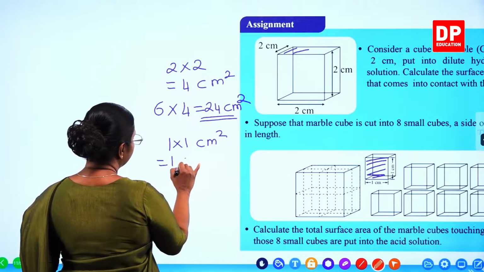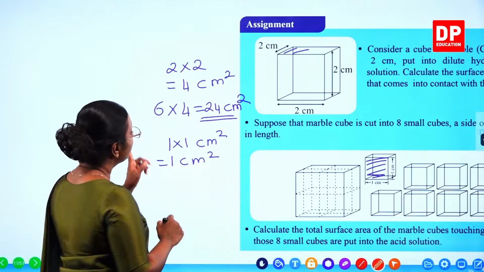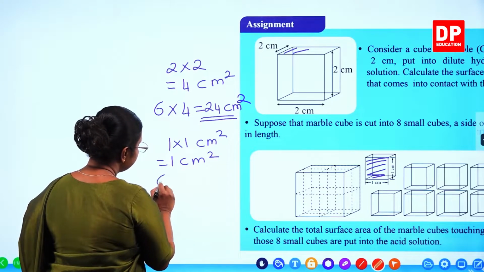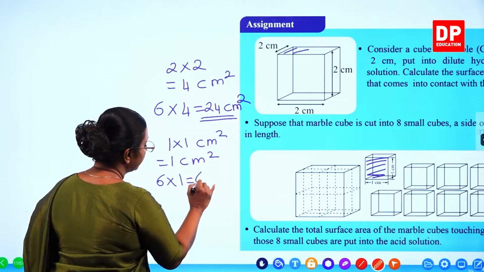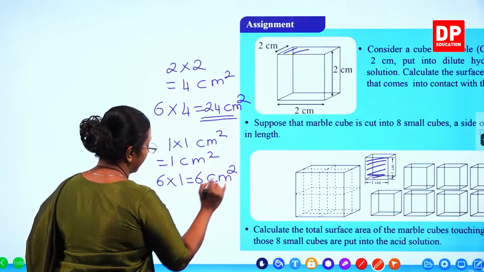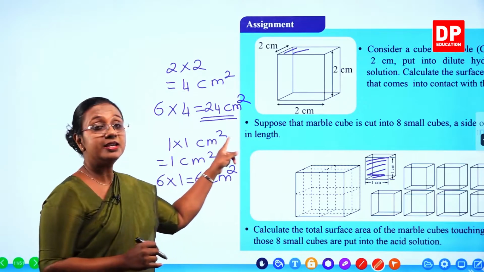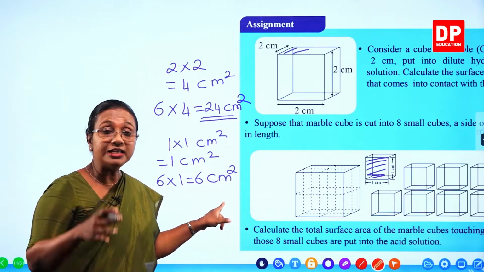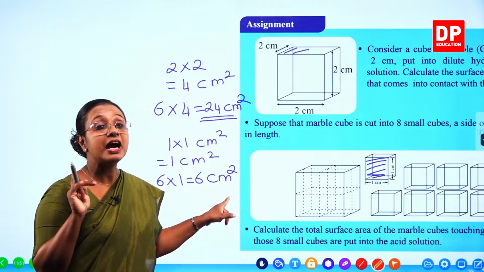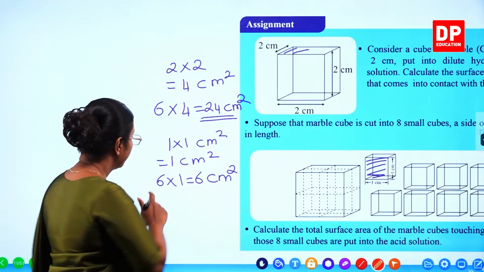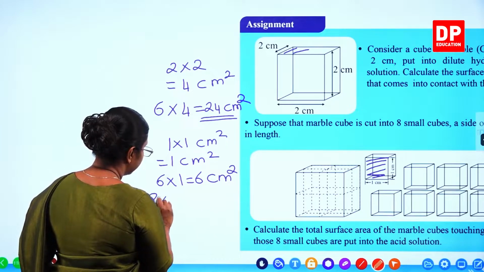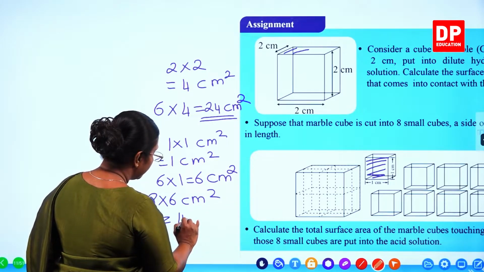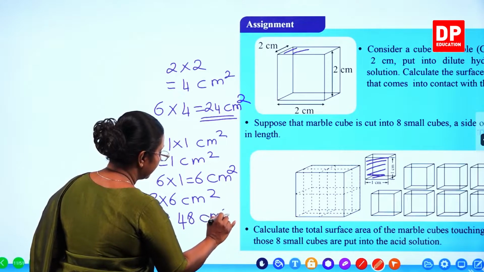For one cube, there are 6 faces, so 6 into 1 is 6 centimeter square. Now, there was only one large cube before, but when you cut it into smaller cubes, there are 8 such cubes. So, 8 times 6 centimeter square is going to be 48 centimeter square.